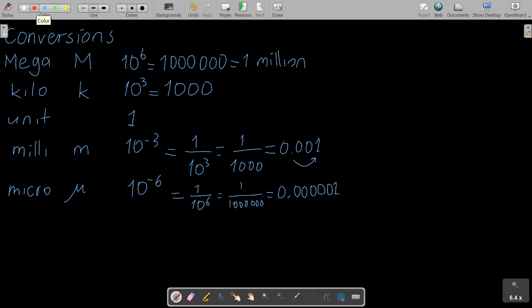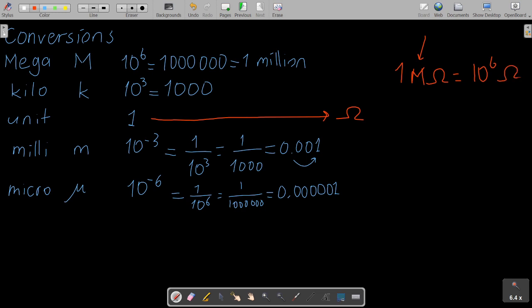Okay, so when we say mega is 10 to the power 6, what do we mean? First of all, let's pick our unit as, I don't know, ohm. It can be ampere, volt, kilogram, anything. So if I see 1 mega ohm, I can automatically say that since mega is 10 to the power 6, this is 10 to the power 6 ohms.